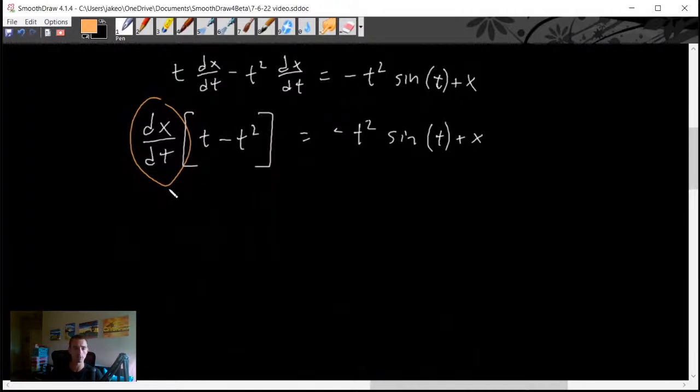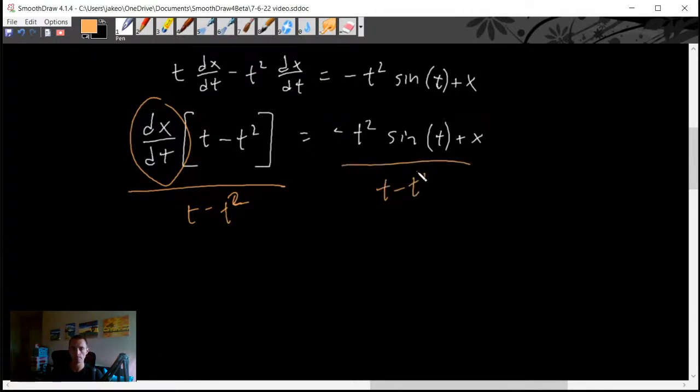So to get it all by itself, all we have to do is divide by what dx dt is being multiplied by. So divide by t minus t squared. That's going to cancel the t minus t squared on the left, leaving us with dx dt equals everything over here.